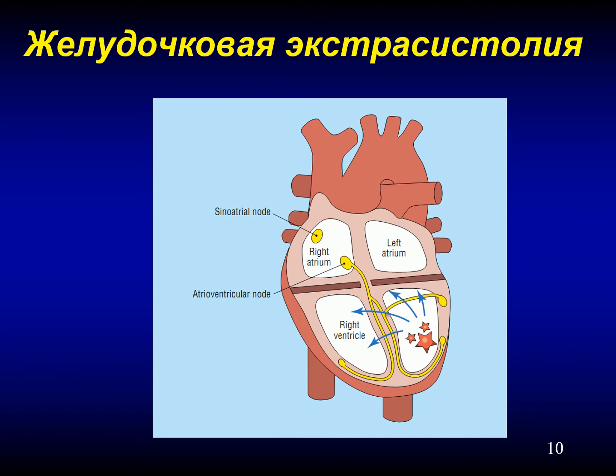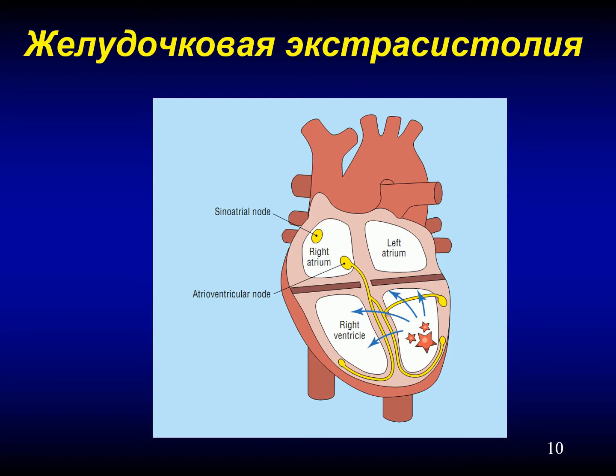We have a focus of electric activity inside the ventricles. It can be inside the left ventricle, it can be inside the right ventricle, it can be the interventricular septum. It's not important for us, because as for supraventricular extrasystoles, there is no difference in clinical picture.